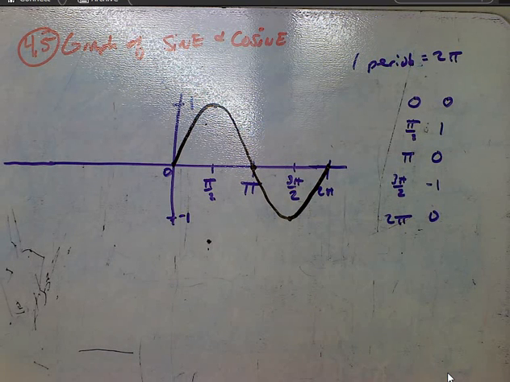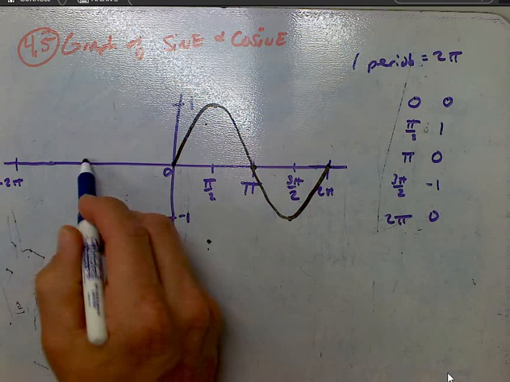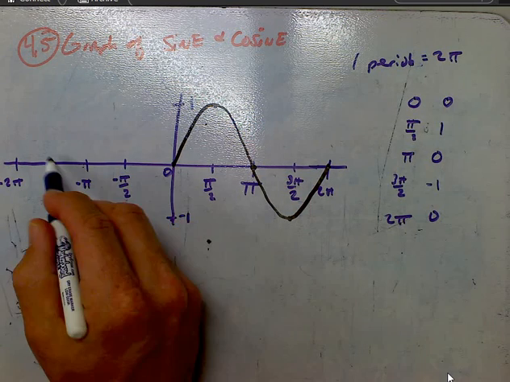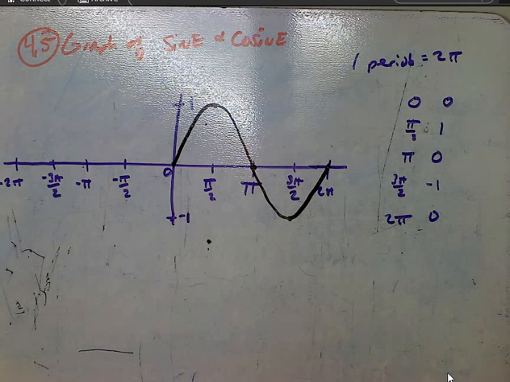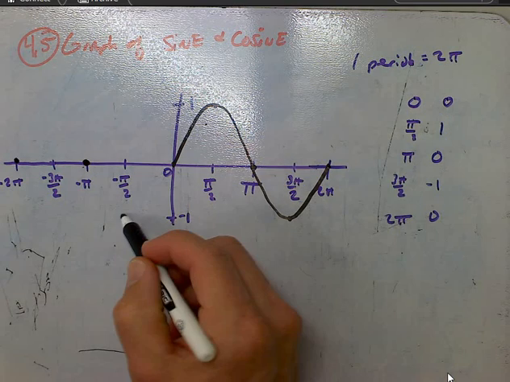Okay? Most of the directions in your assignment are going to ask for 2 periods, so let's just work backwards here. -2 pi, -pi, -pi over 2, -3 pi over 2. And essentially, this same pattern keeps going. So this one's going to be 0, that one's going to be 0, -1 here, +1 here.